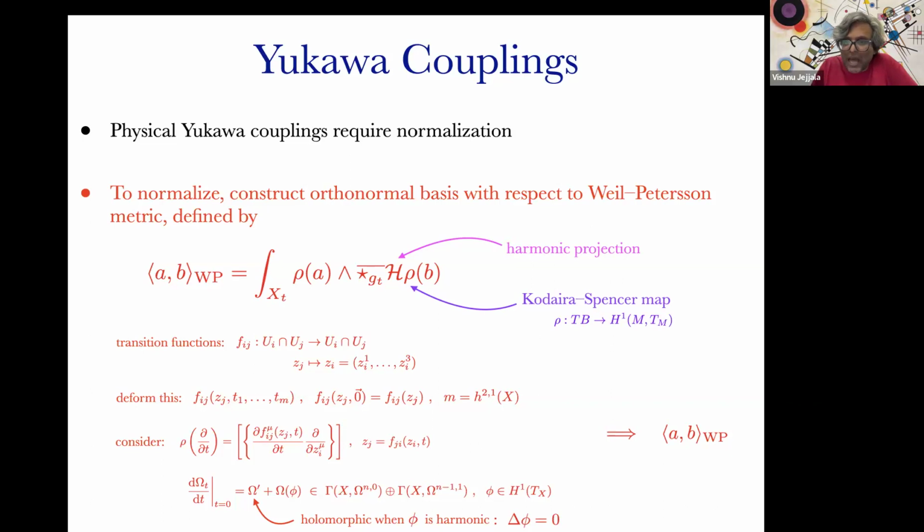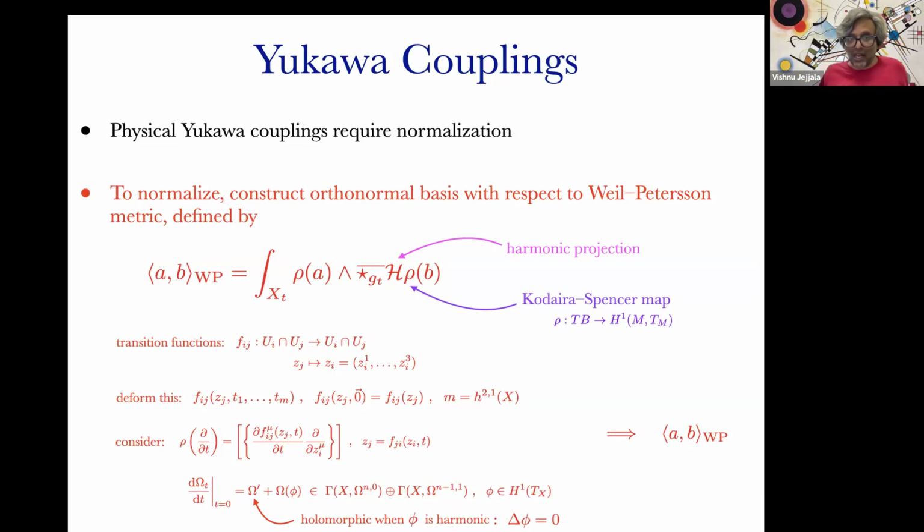The Kodaira-Spencer map is a map from the tangent space on the deformation manifold to the first cohomology of the manifold with coefficients in the vector bundle on top. And we can construct this map fairly explicitly. You just take the transition functions and you see how these transition functions behave when you deform via these complex structure deformations of the manifold.